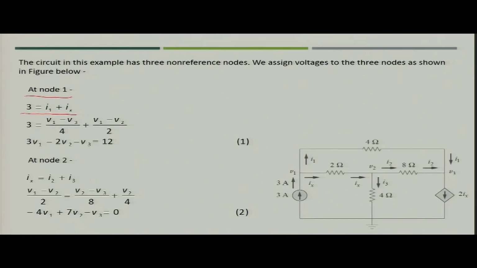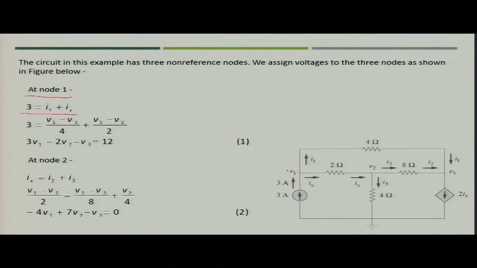Now, you have written this in terms of current, convert them in terms of voltage. You have assigned the node voltages as V1, V2 and V3. That means you need 3 equations to solve, because you now have 3 unknowns V1, V2 and V3.